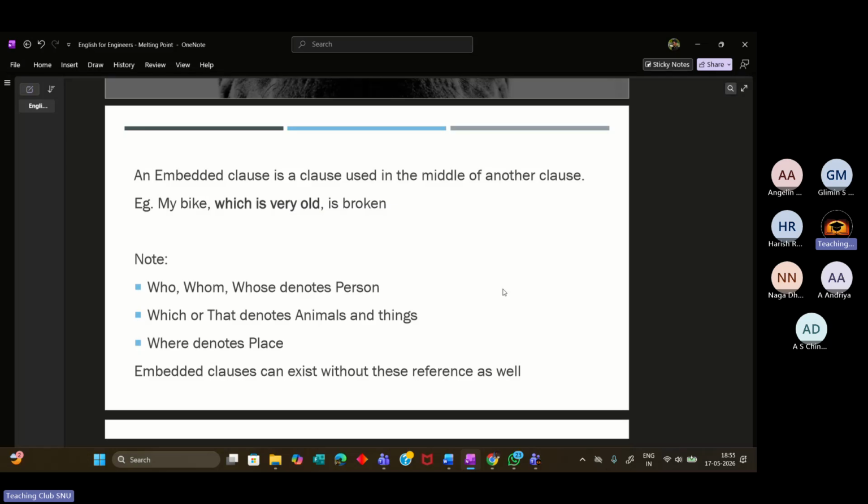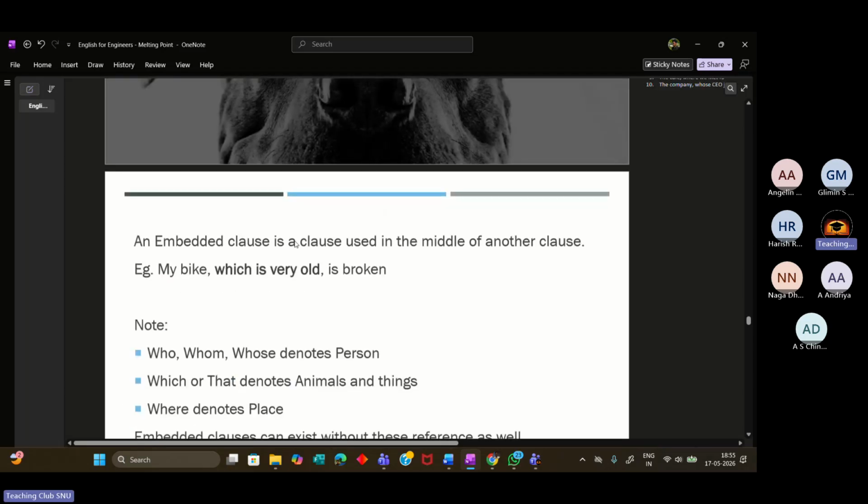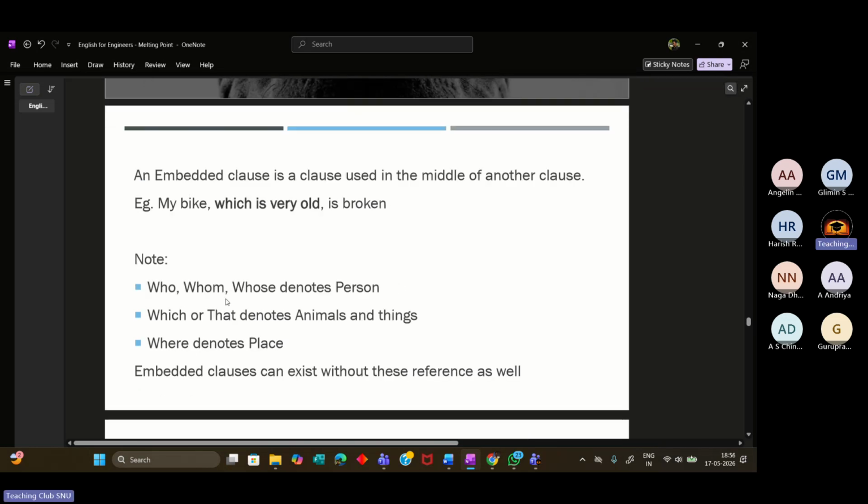An embedded clause adds context to a particular sentence. That's all the embedded clause is. We just add two commas, before the clause and after the clause.